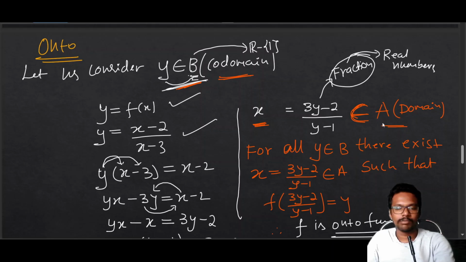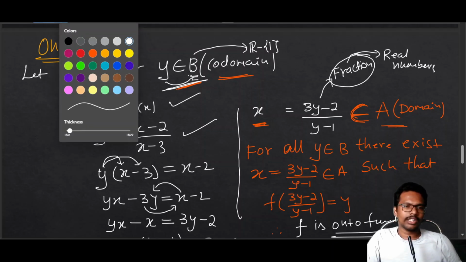This x belongs to the domain, because this is a defined fraction part, which always belongs to real numbers. A contains real numbers, so it belongs to A, and we have written for all y. This concept will happen for all y, and there exists for all y an x, 3y minus 2 divided by y minus 1, such that f of 3y minus 2 divided by y minus 1 equals y.